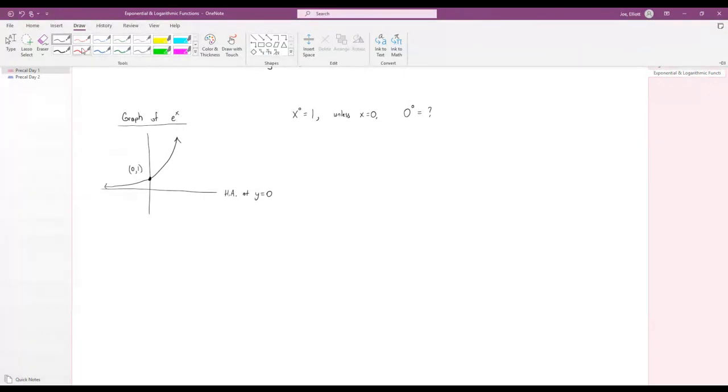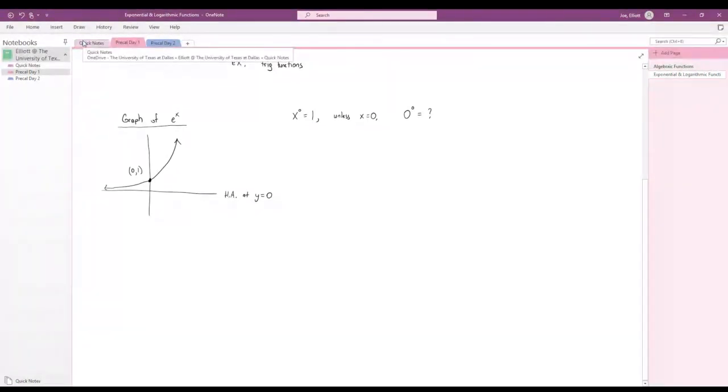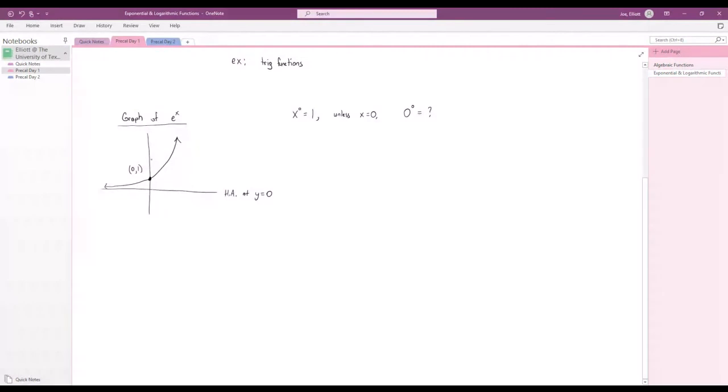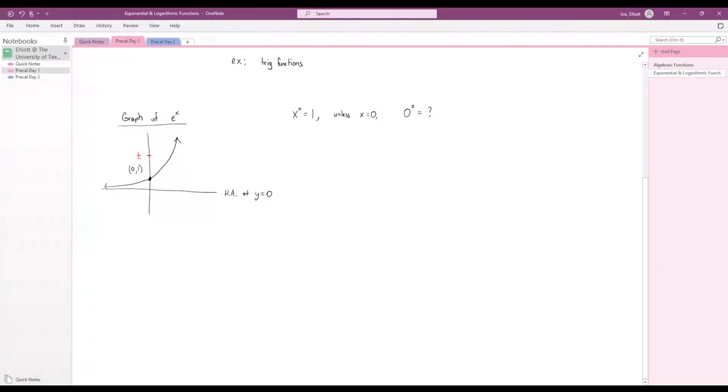If you don't remember, logarithm functions were defined to be the inverse of the exponential functions. The idea of the natural log function in particular is, let's say in my picture, I mark a value over here on the positive y-axis.